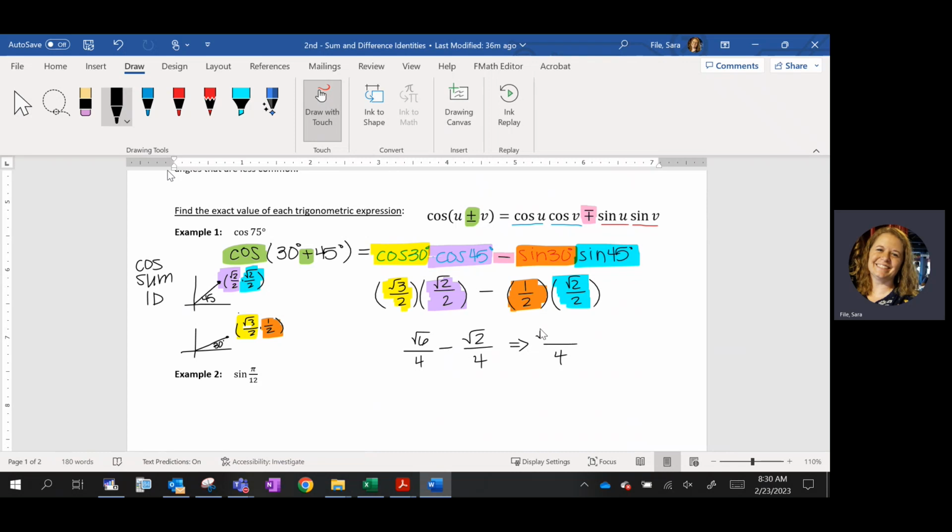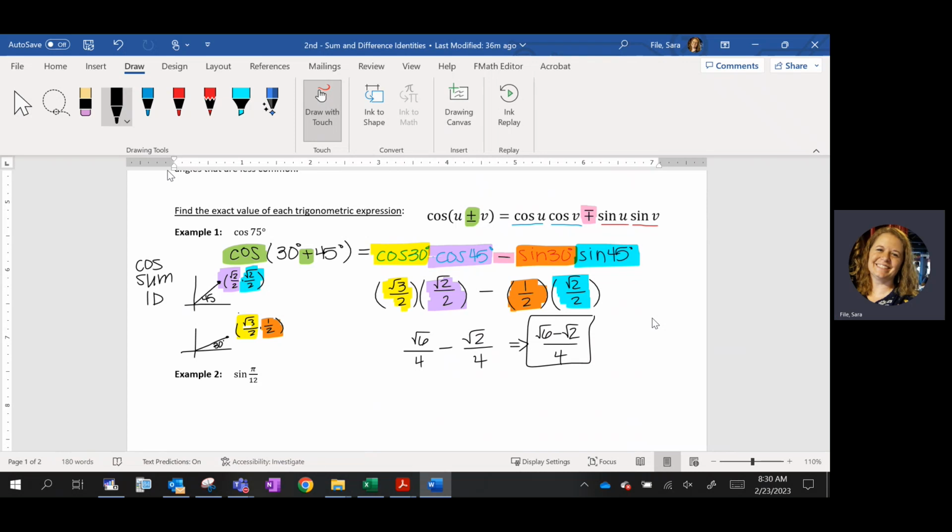So we're not going to simplify that any further. We're going to leave it as root 6 minus root 2, but together over 4 as a single fraction. Does that process make sense?